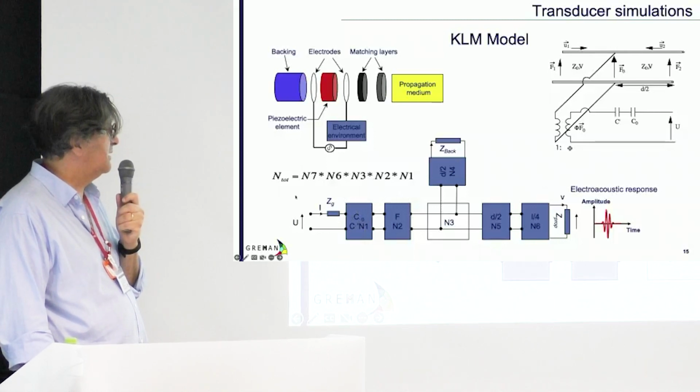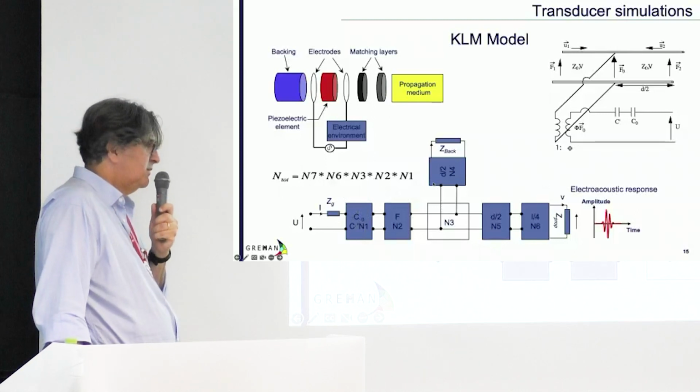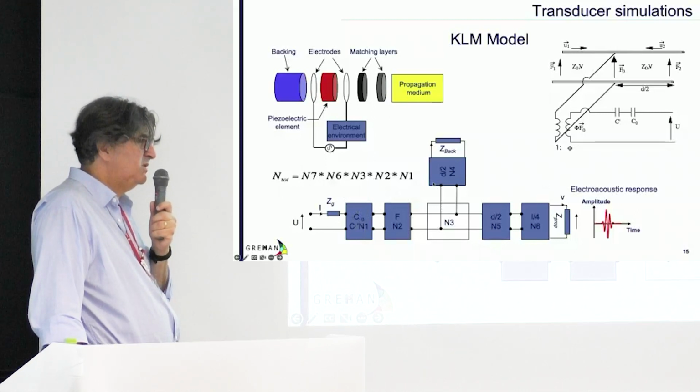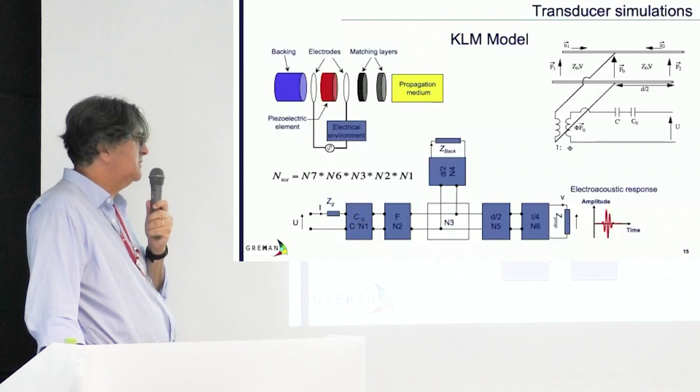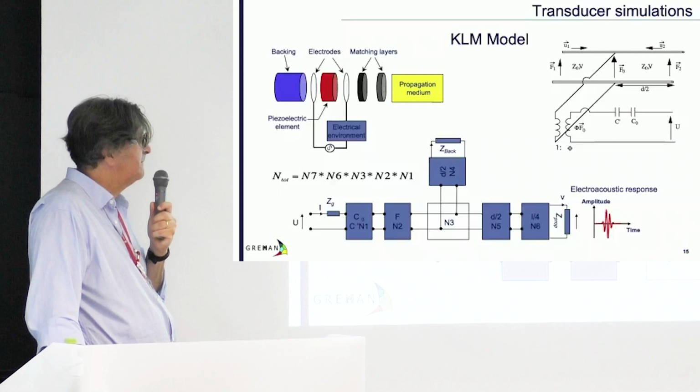And the total matrix transfer will allow us to determine the transfer function in emission, the reception transfer function, the pulse echo transfer function, the 50 ohm loop sensitivity, and so on.